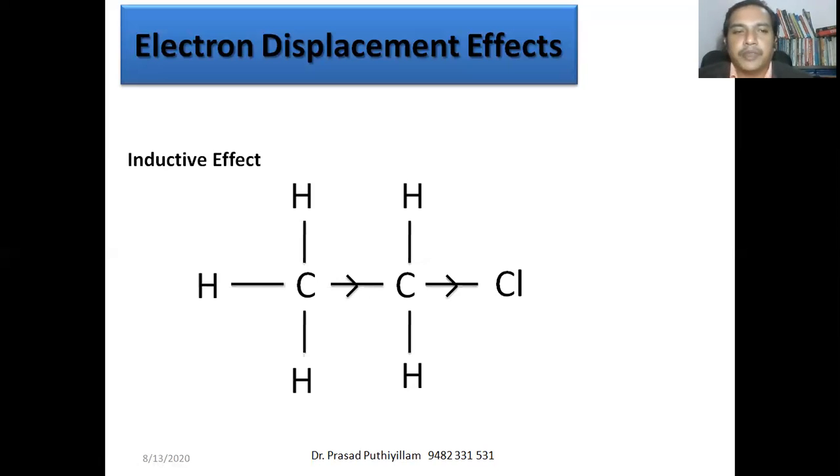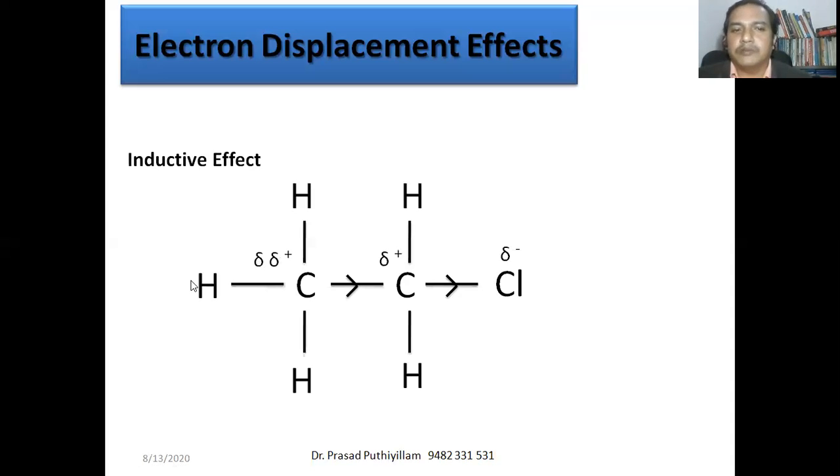After the third carbon atom, the inductive effect is very minimal, or we can say there is no effect. So when chlorine gets more electron density, it becomes partially negative, and obviously the carbon attached will have a partial positive charge, and the next carbon also will have a little partial positive charge.